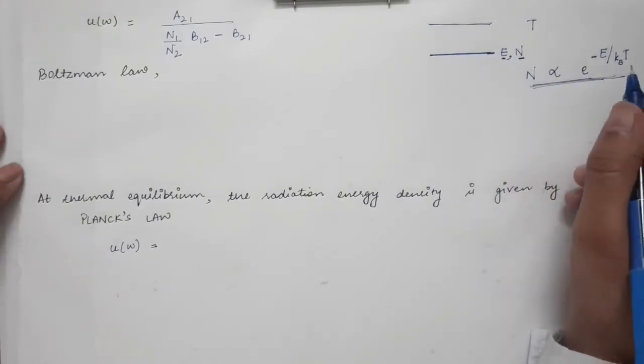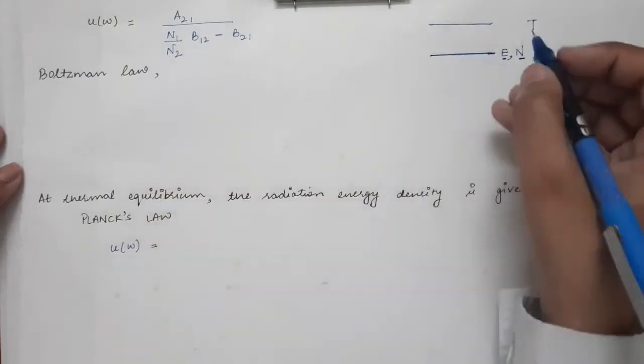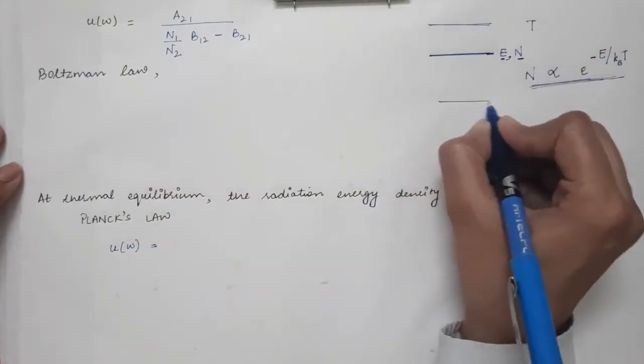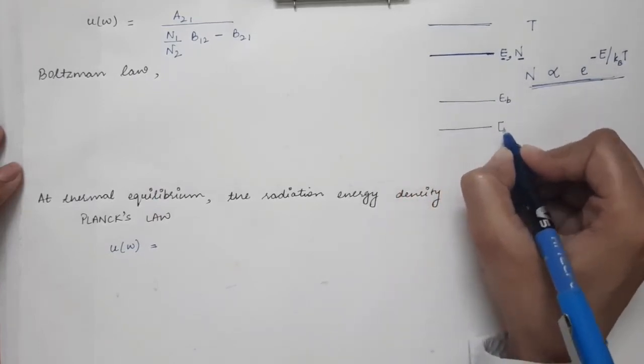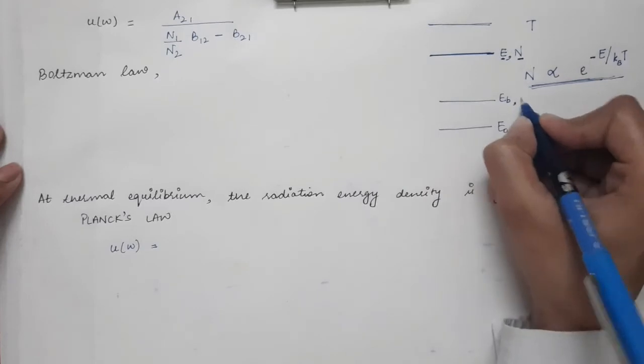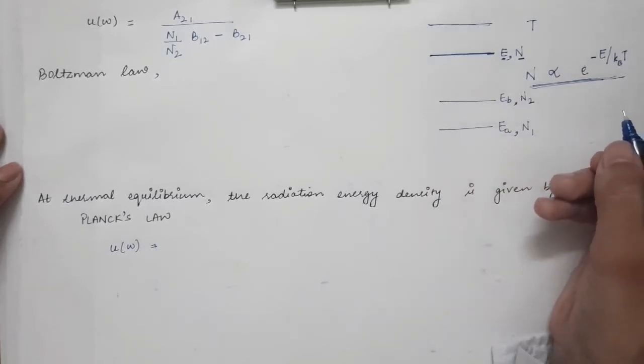But now in our case, what do we have? We have N1 and we have N2. We have two energy states, one given by the EB energy level and another EA. There are N2 atoms present in EB, and here we have N1 atoms present.